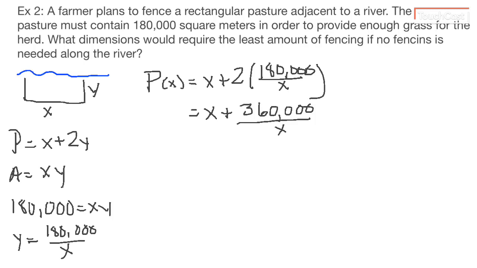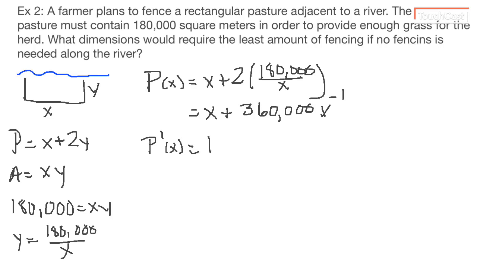In fact, I'm going to write that as x to the negative first, because we're going to find the derivative of the perimeter function, since if we take the first derivative and set it equal to 0, we can find a minimum value.